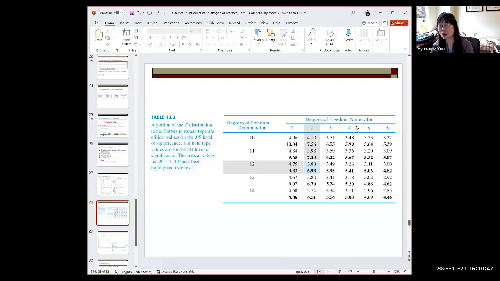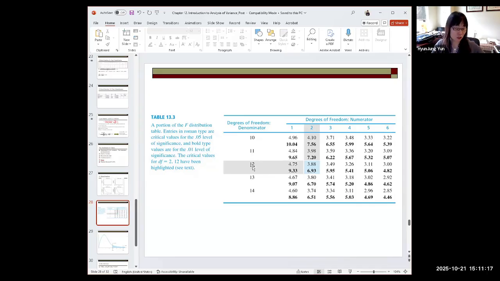This is the number of groups, but you always fix one group mean out of all groups. So if your degrees of freedom is 2, the actual number of groups you're comparing is 3. If your degrees of freedom is 3, the actual number of groups is 4. You just keep going down, and each row represents the degrees of freedom for the denominator.